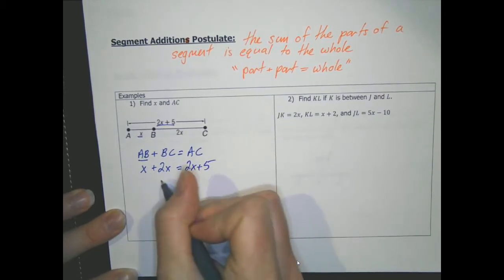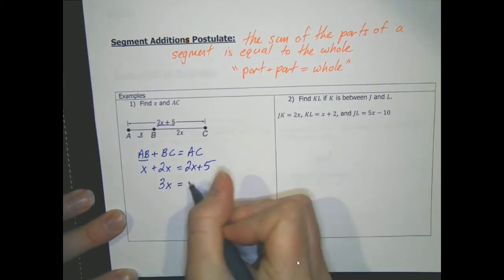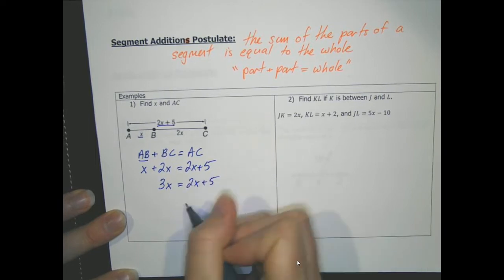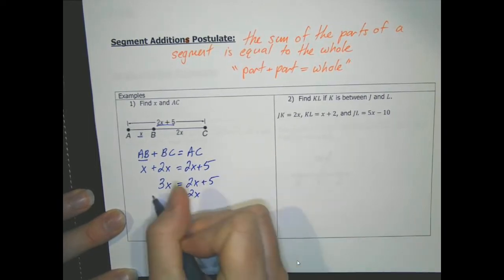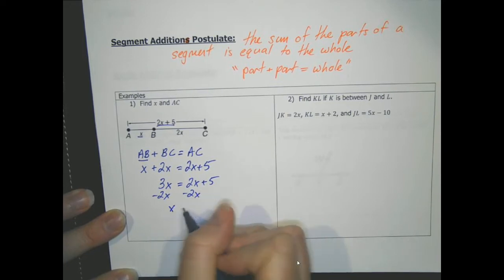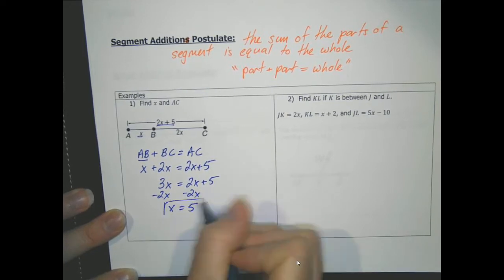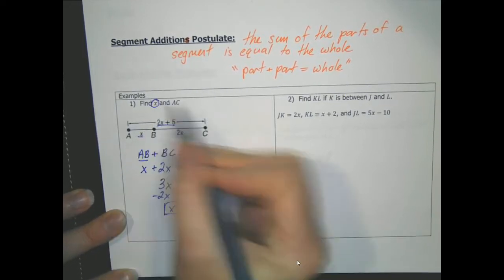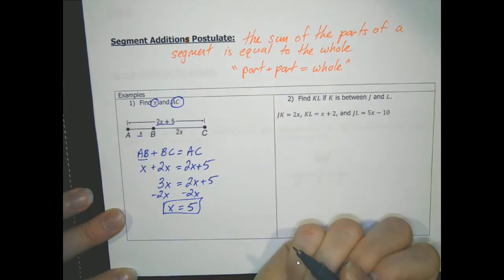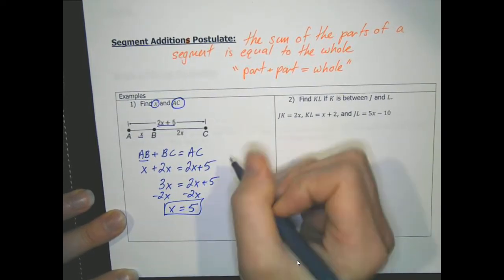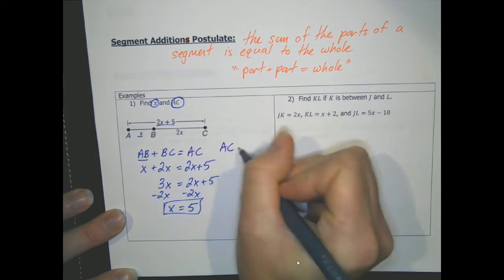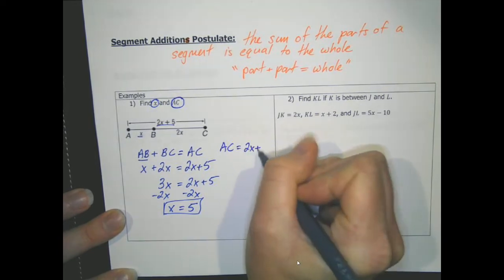Okay, so x plus 2x is 3x, is equal to 2x plus 5. Subtract 2x, subtract 2x, x is equal to 5. So we answered the first part. It also says find the distance from A to C. So once I know that x is 5, well, I know the distance from A to C is 2x plus 5.